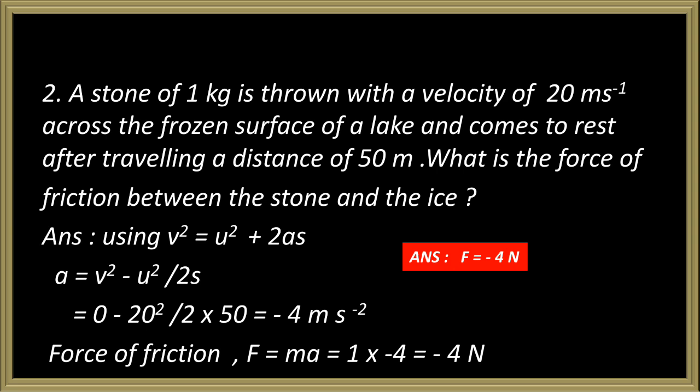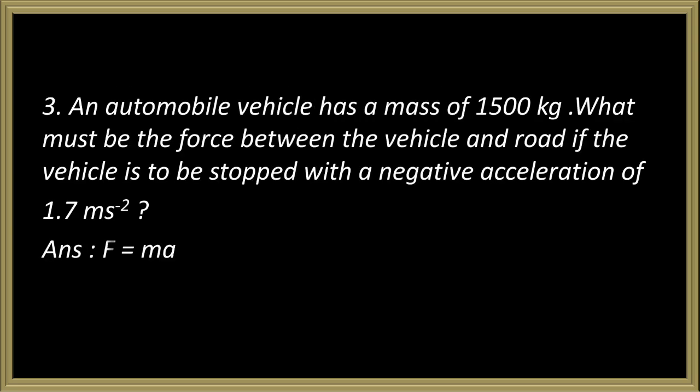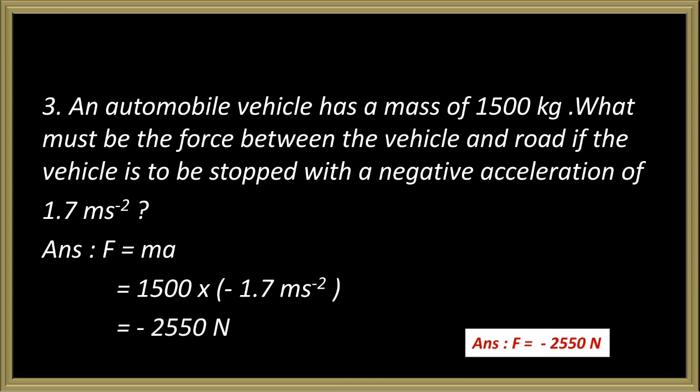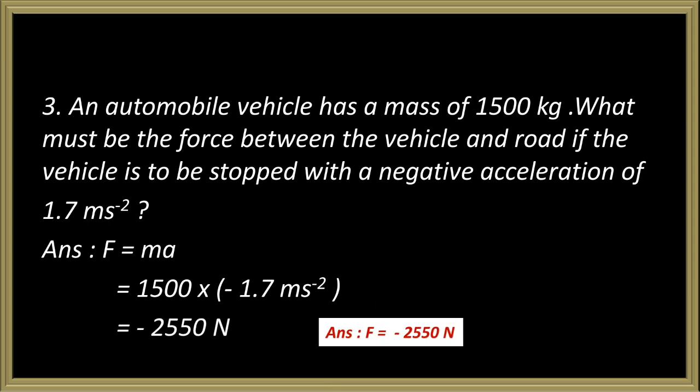To find the force of friction, we use F equal to ma. m is 1 kg and a is minus 4. So the force becomes minus 4 Newton. Question 3. An automobile vehicle has a mass of 1500 kg.